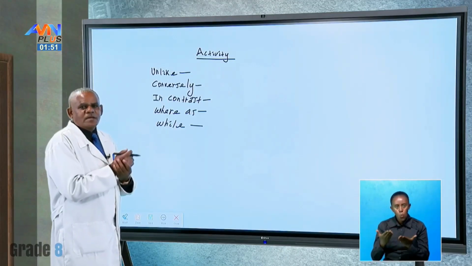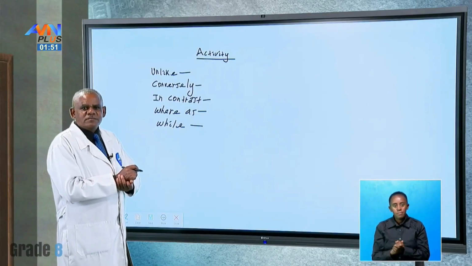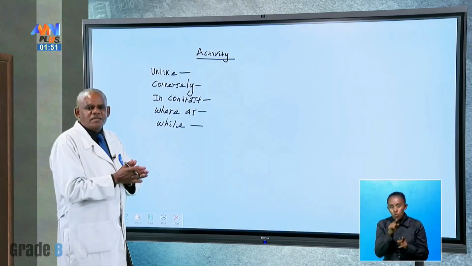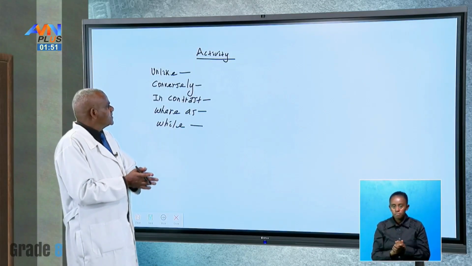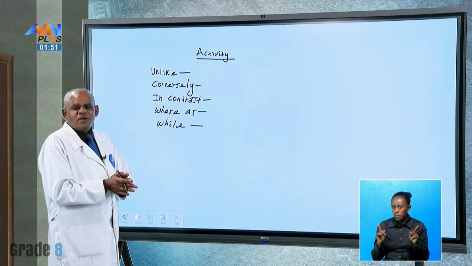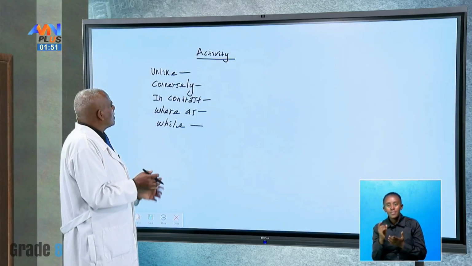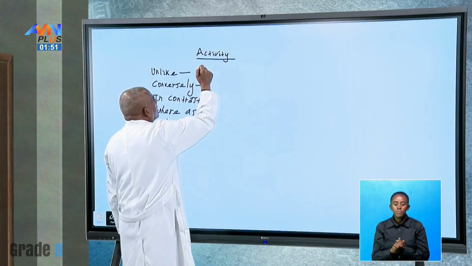Our sentences may be different. Not only my sentence, but also your friend's sentence is different from yours. Different from. This is also another contrasting expression. Unlike. Good. Unlike.